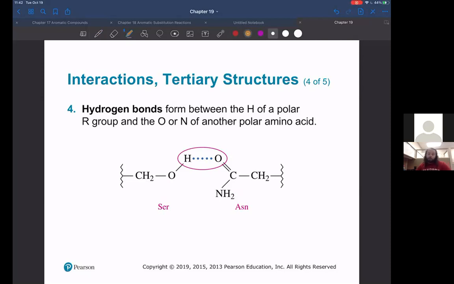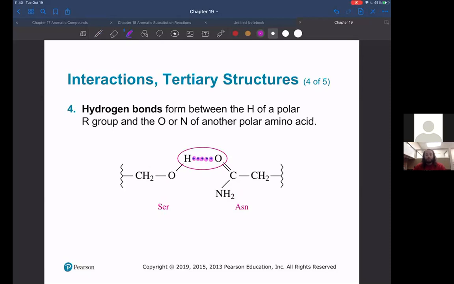We can also have hydrogen bonding between the R groups within our protein. So if we have serine that has this OH group, that can form a hydrogen bond with an oxygen that's in an amide, as an example.